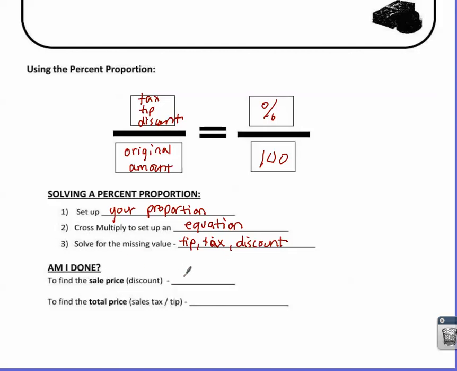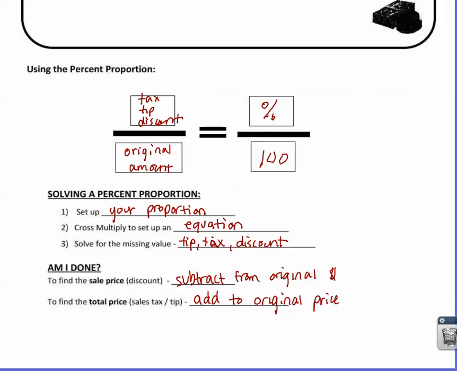If you're looking for the tax, tip, or discount, remember to find the sales price. If you have a discount, you want to subtract from the original. But if you found the tax or the tip, you're going to add to the original price. And that'll give you how much money that you spent overall.